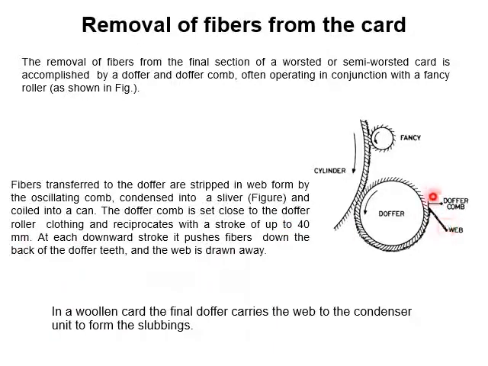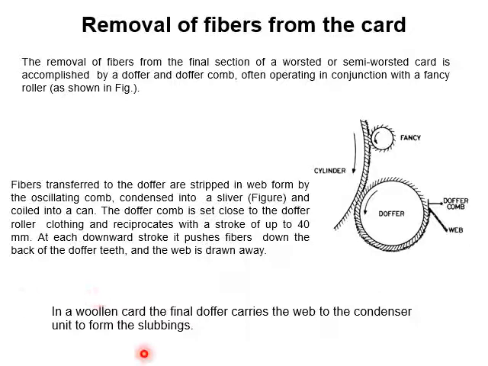This doffer comb moves up and down with a reciprocating movement, and the stroke is around 40 mm. During the downward movement of this comb, it pushes the fibers down the back of the doffer teeth and the web is drawn. Here you can see the web is being drawn.